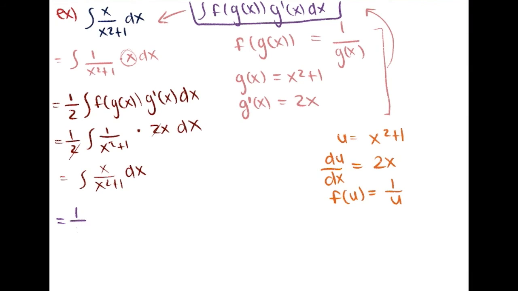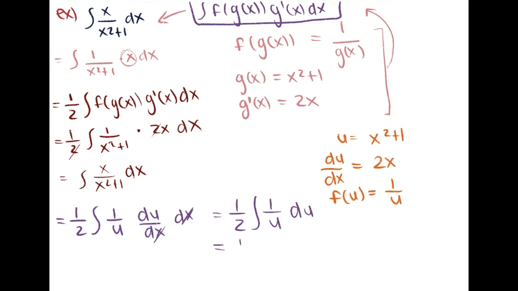So we have the half, 1 over u, du dx. Those cancel out. You're left with a half 1 over u du. And then that's just equal to ln of u plus constant.